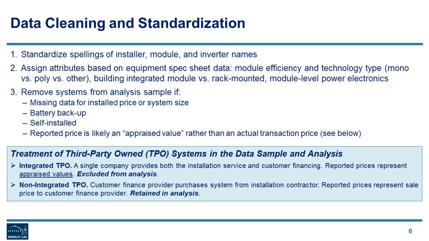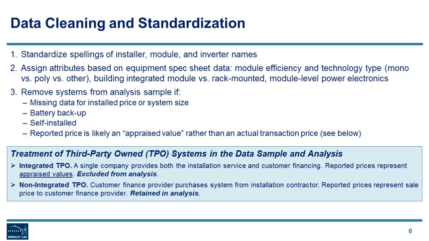In these cases, the prices that are getting reported are typically some sort of appraised value. That's simply because there's no sale of the individual system that occurs, and therefore no price formation. And so for our analysis, we don't want to mix and match appraised values with transaction prices, and so we scrub those systems out of the analysis sample that we use when describing installed pricing trends.